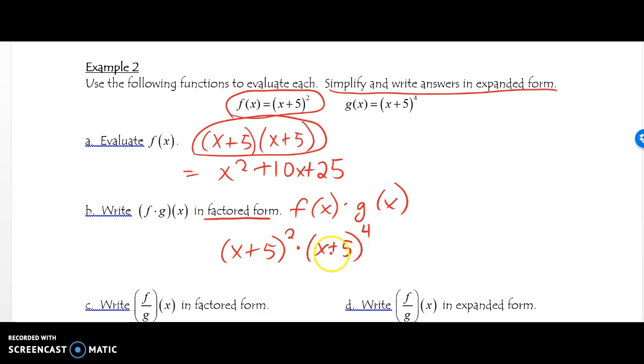Now remember laws of exponents. If the bases are the same and we're multiplying, we can just add the exponents. So this can simplify into x plus 5 to the 6th. So this is still in factored form because we should see that this is the factor x plus 5 written out 6 times.